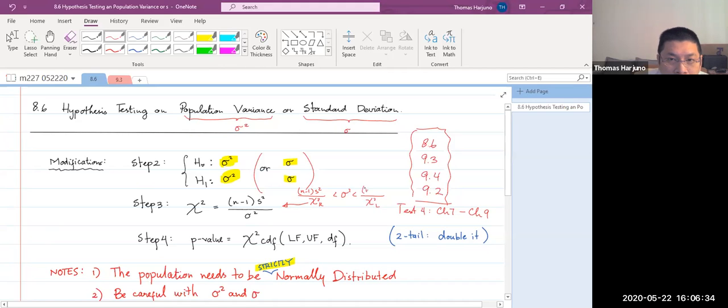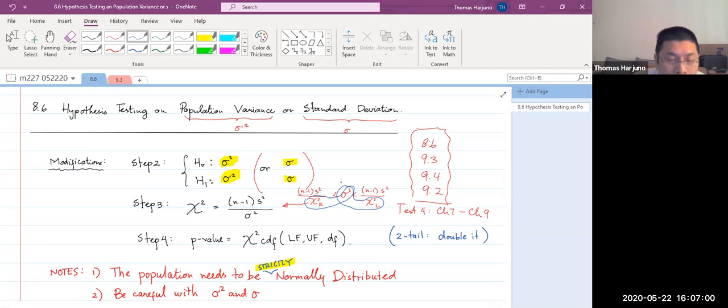Right? Do you remember that? Now, basically, what happened is you switch the position of these two. Switch the position of these two. Okay. So the position of chi squared becomes sigma squared. The position of sigma squared becomes chi squared.